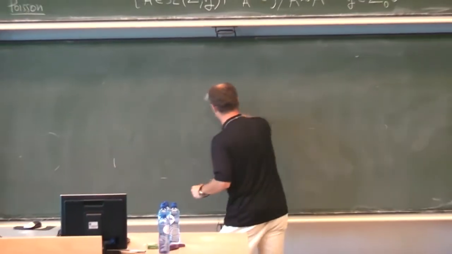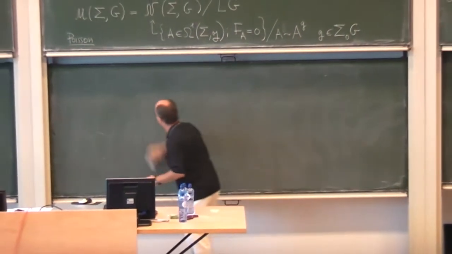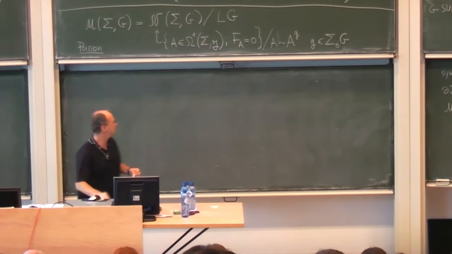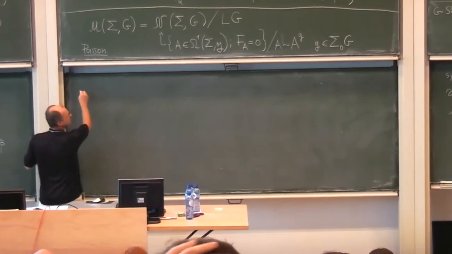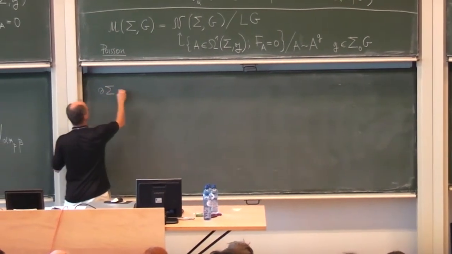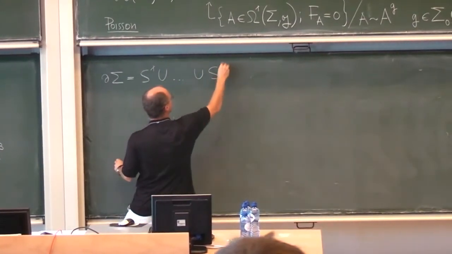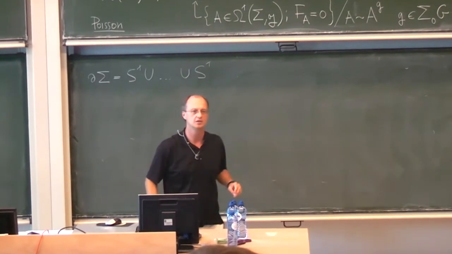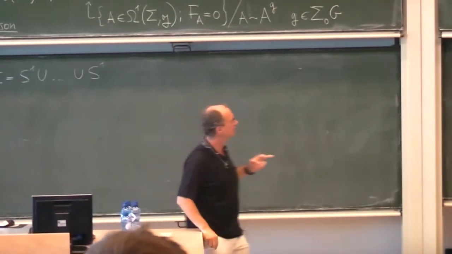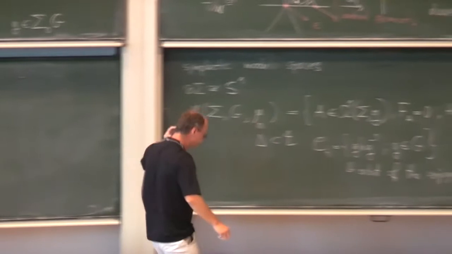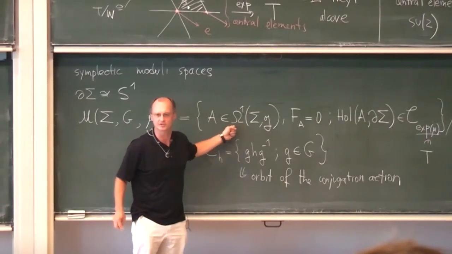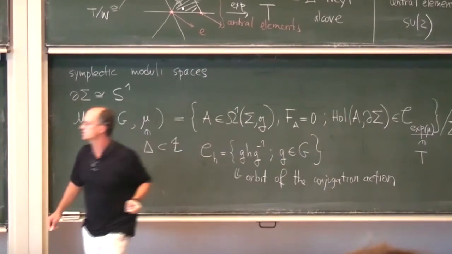Okay. So now what happens if you have many boundary components? Now this sigma. Yeah, okay, that's true. I didn't quite prove it, let's admit that.